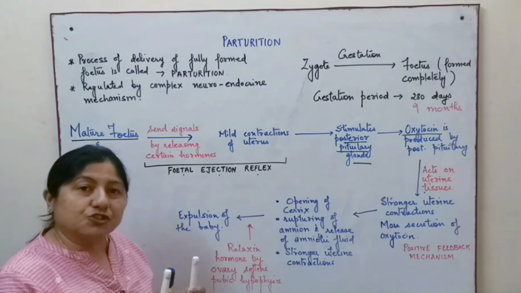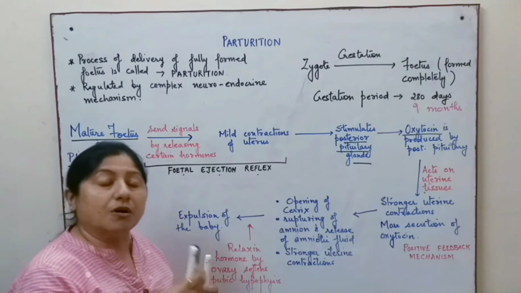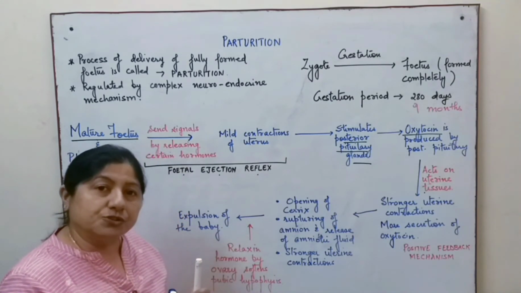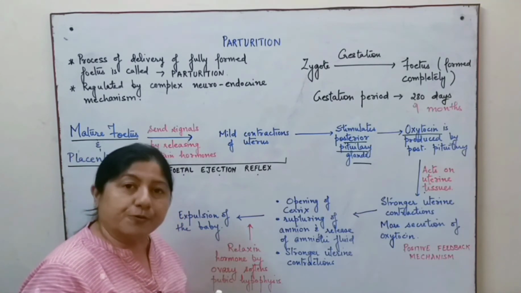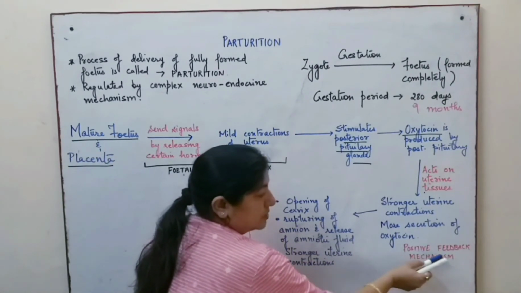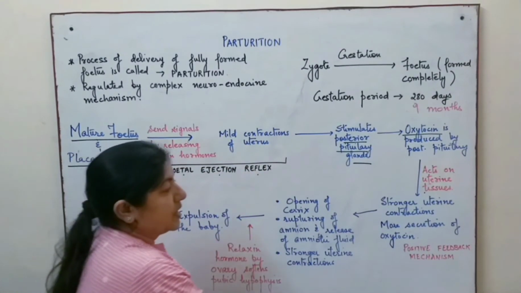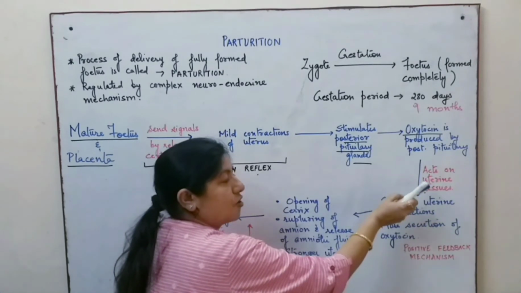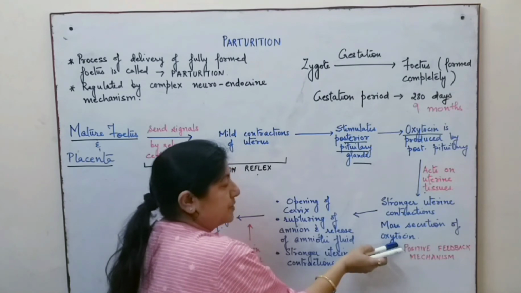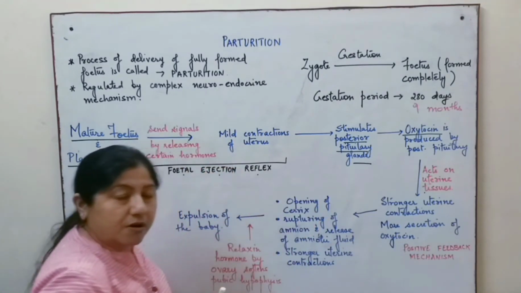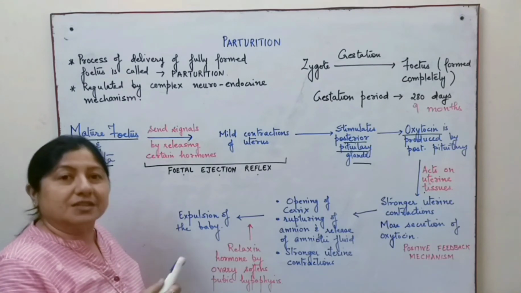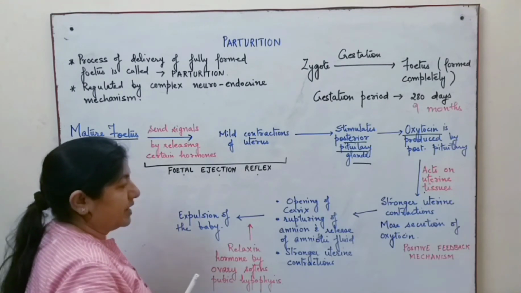As the contraction becomes stronger due to oxytocin, the stronger contraction will stimulate more production of oxytocin. So this is the case of a positive feedback mechanism. As a result of stronger uterine contractions, more oxytocin will be produced, and this more oxytocin will further result in still stronger uterine contractions.